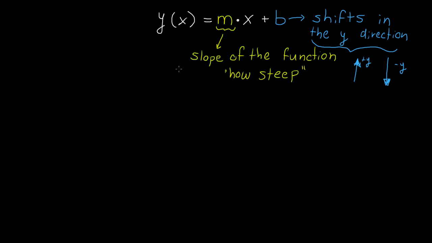Okay, now that we have this basic equation explained, let's go draw some more linear functions. So let's begin with y as a function of x. Let's go with minus x, and I will add a minus 1, okay? So again, we will start with a simple table.